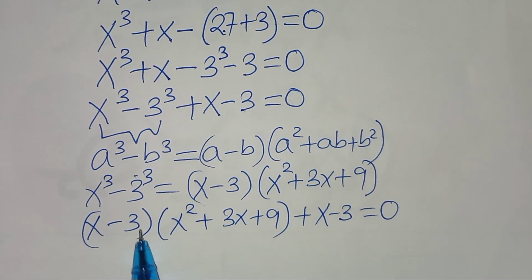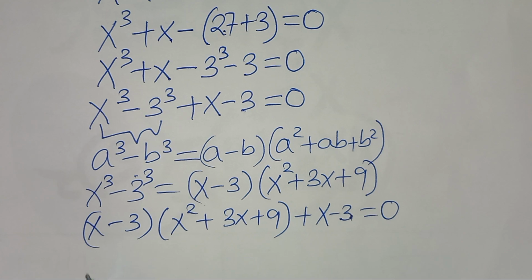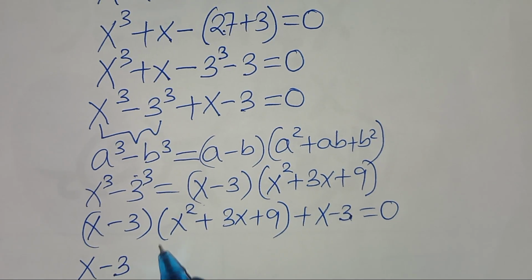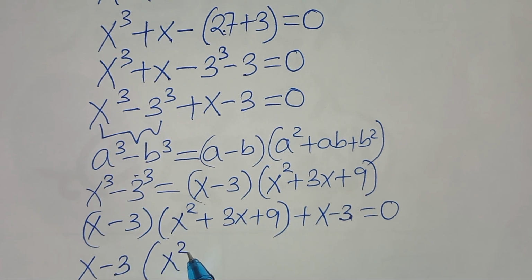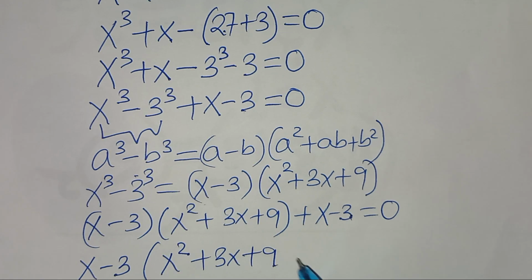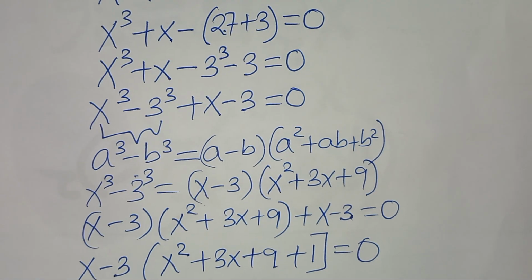So x minus 3 is common. Let's factor out x minus 3, so that now we'll have x subtract 3, times, in the parentheses, x squared plus 3x plus 9 plus 1, equal to 0.